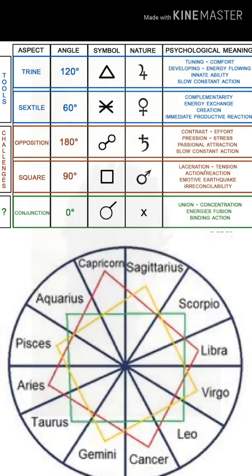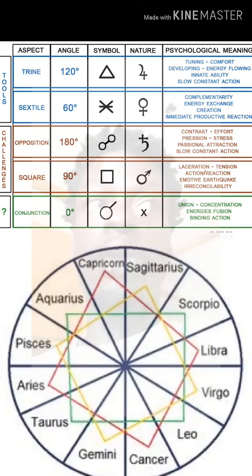Also, the next thing we're gonna talk about is the square. Square is a 90 degree angle. So you gotta stay inside of the squares. I'm showing you squares already at the bottom of the screen. Let's just take Capricorn. Say Mars is in Capricorn, and then we have Jupiter inside of Aries. We're not talking about right now for real, but let's just say.